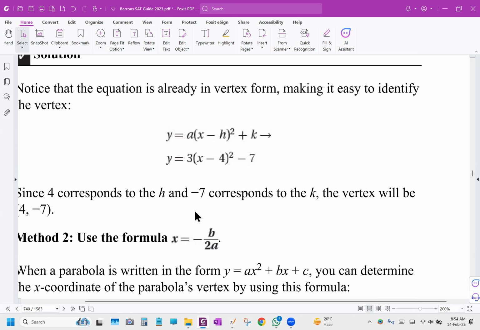Because in the formula, it's the opposite sign. So if it's a negative, it would be a positive. Okay, yeah.